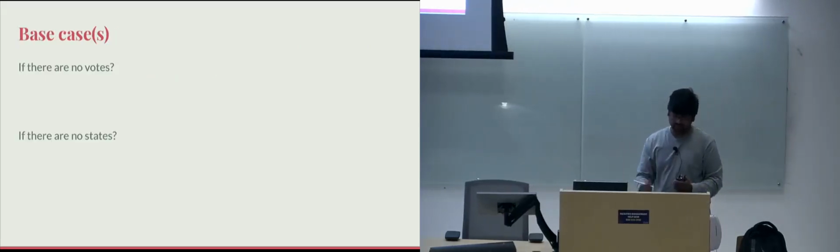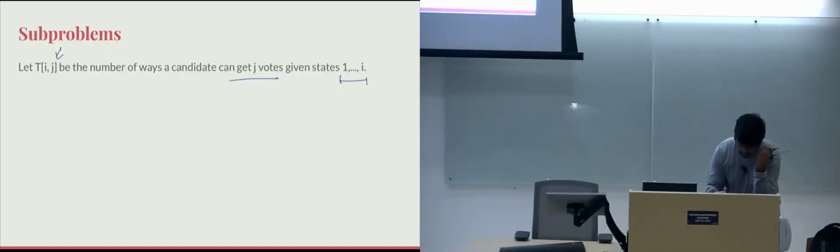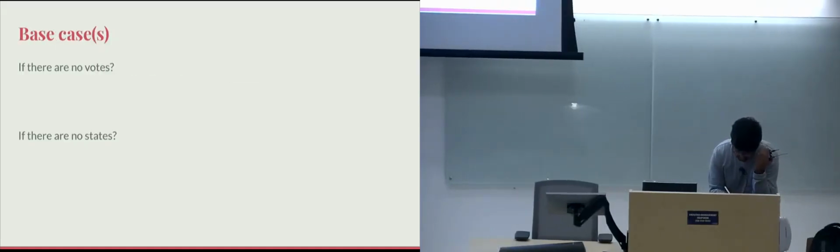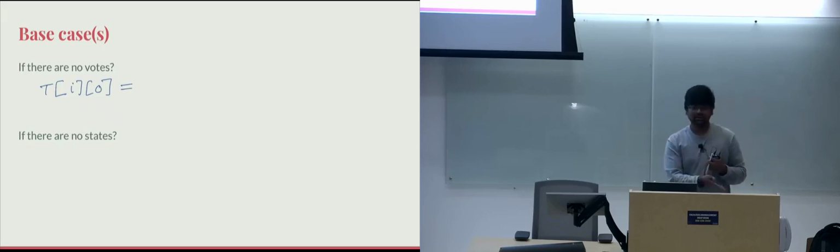So there are two cases. Here the first one is there are no votes. If there are no votes, then you will have some states, but the next value is 0 here. So what will it look like? What is the value of this thing?